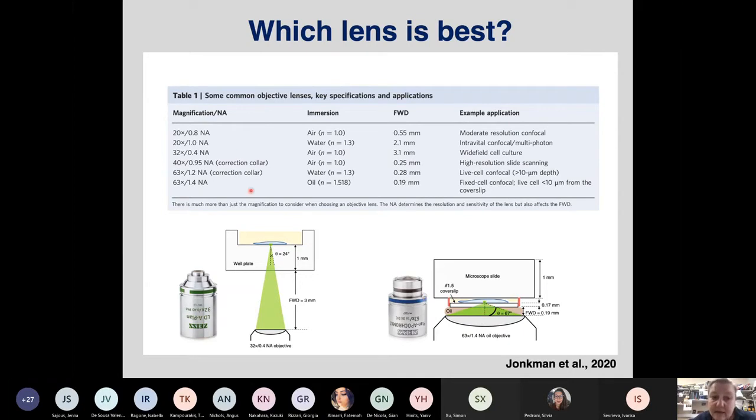There are lenses around that have something called a correction collar, which means you can use different immersion substances, for example glycerol, water, or oil. But if the correction collar is in the wrong position, it's not going to help you with the imaging either. And always be careful that for high-end microscopy, you use a lens that has the maximum NA that you can get for your microscope.